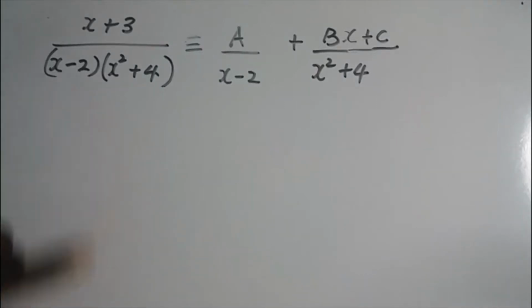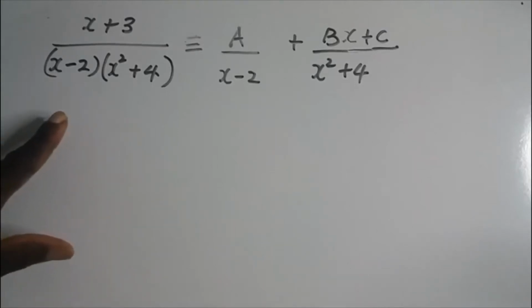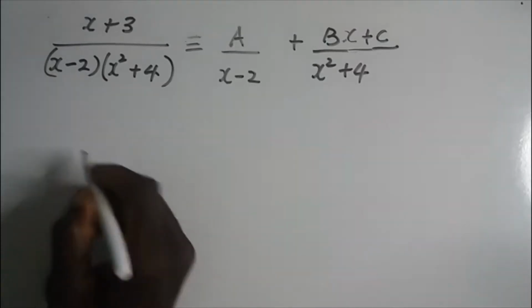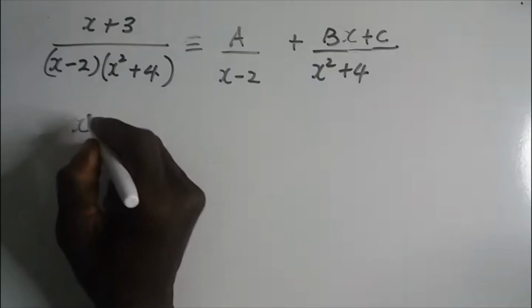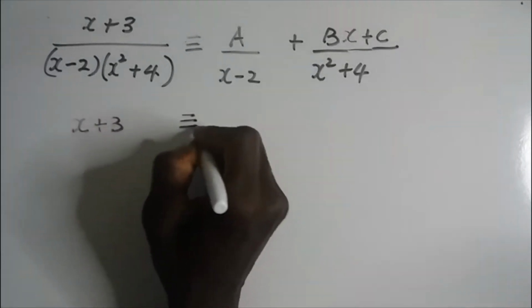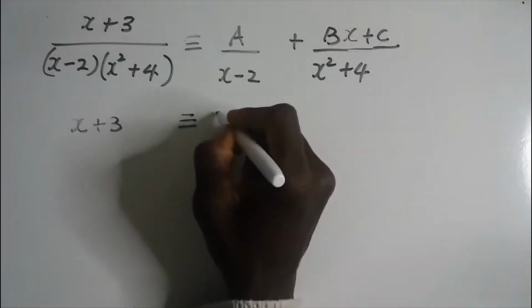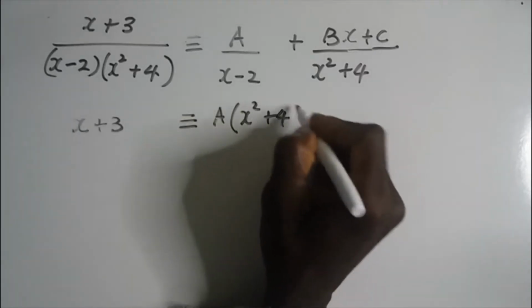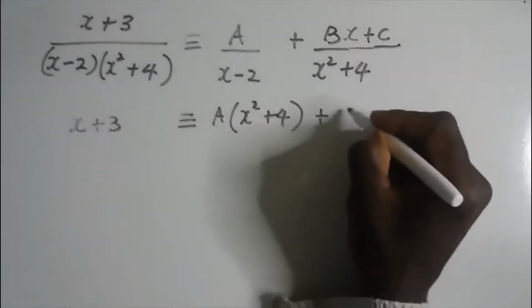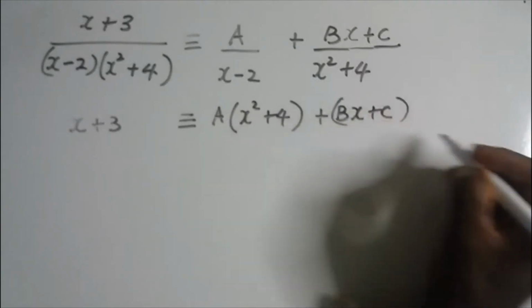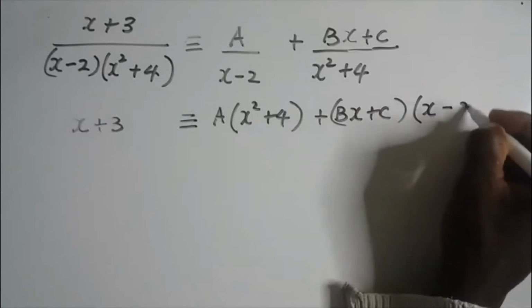Secondly, in order for us to proceed, we need to multiply each side by this denominator here. And so the left-hand side will cancel to x add 3, and that's equivalent to A brackets x squared add 4, add Bx add C, times x minus 2.